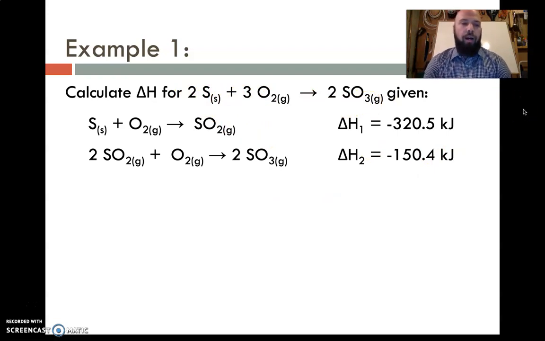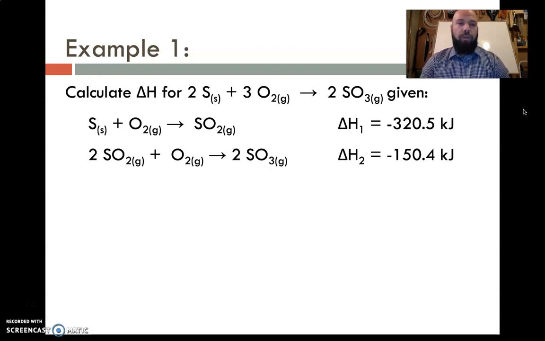We know that elemental sulfur and oxygen to form sulfur dioxide has a negative enthalpy of 320.5 kilojoules, and that if sulfur dioxide reacts with another oxygen molecule, the formation of sulfur trioxide is also an exothermic reaction, releasing 150.4 kilojoules of energy. We can manipulate these equations to arrive at our target equation, meaning we want to have the same number of reactants and the same number of products as our target equation, and we can eliminate any intermediates or catalysts that appear in this reaction.